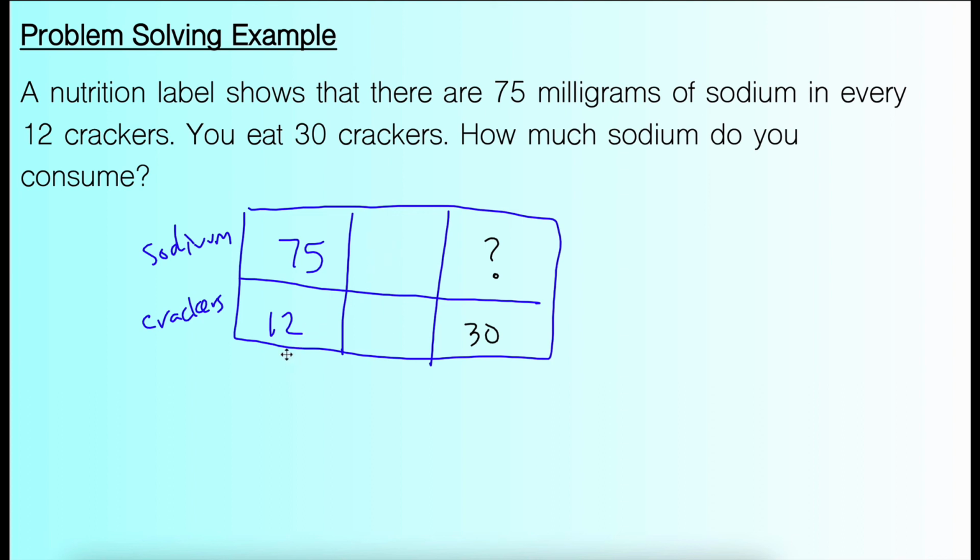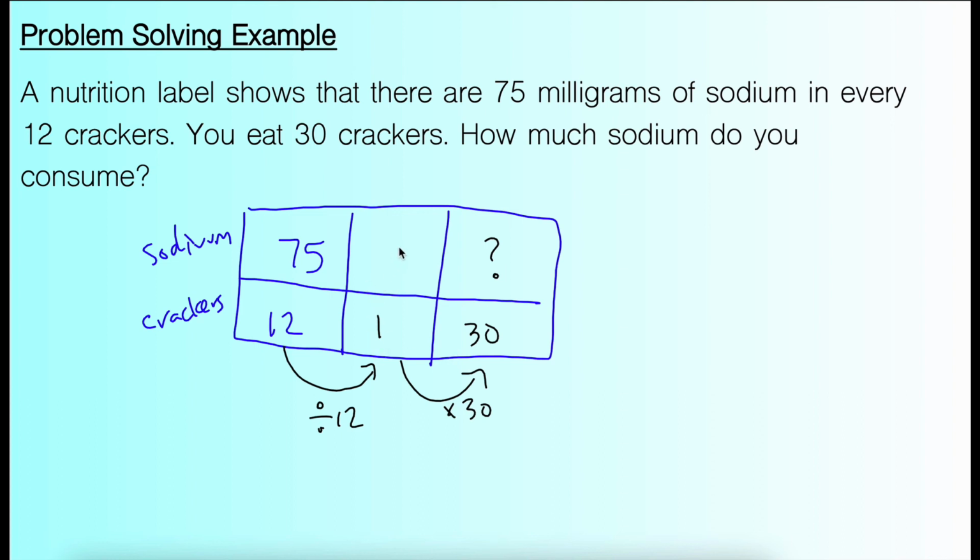One is I could just simply divide 12 by 12, and that gets me 1 cracker. And if I know how much sodium is in 1 cracker, I can get to 30 crackers by just multiplying by 30. So that would mean my math involved here would be 75 divided by 12.